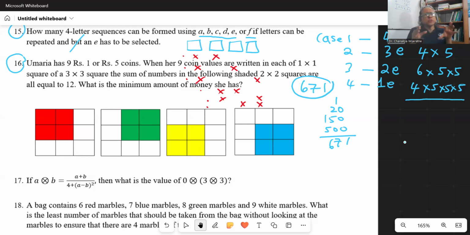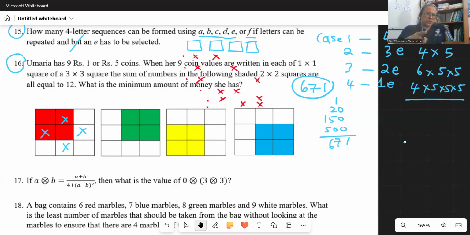Now, this should be true for all these 4 shaded areas. And then you have to think how the 1s and 5s can be arranged. So always think about it in terms of a pattern. For example, I can see straight away that if I put the 5 rupee coins like this, then I do satisfy the given requirement.